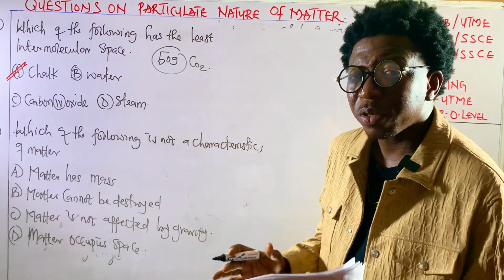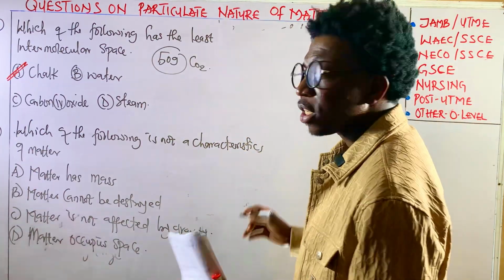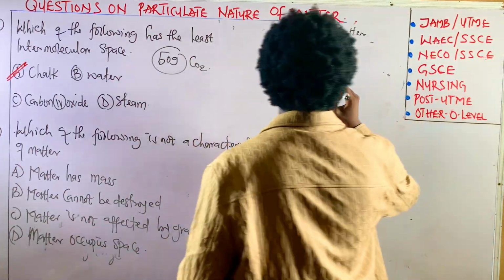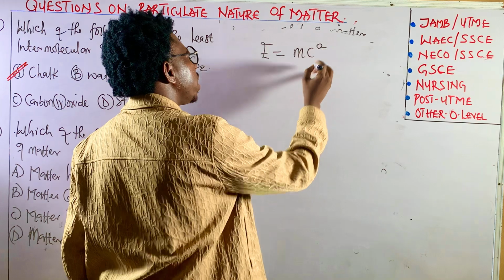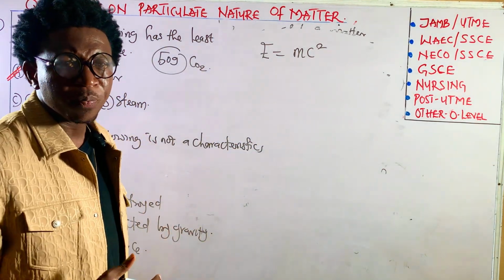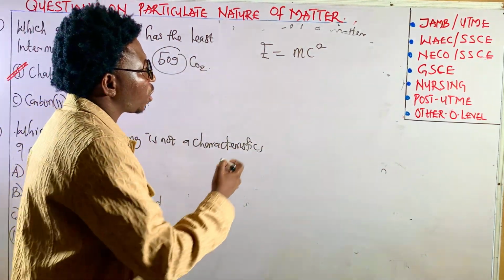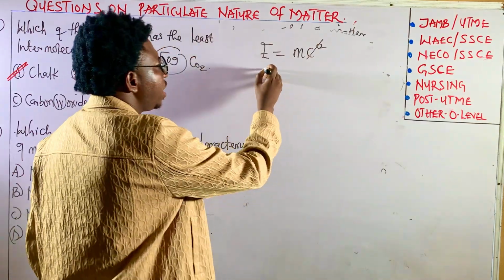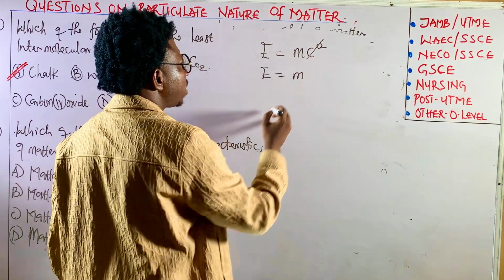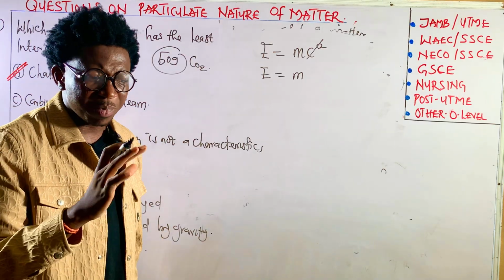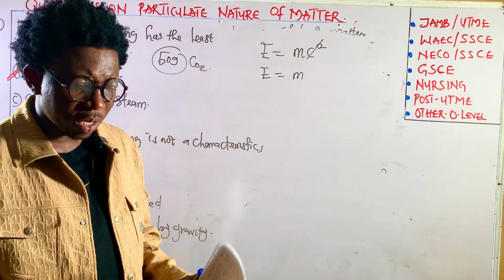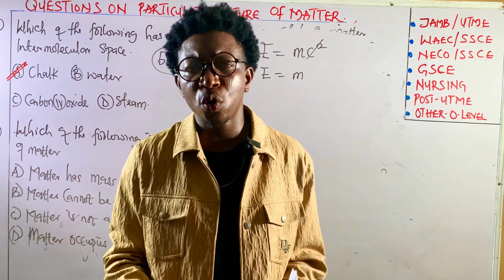But however, you should know, according to Einstein's equation, there's a relationship between energy and what? Mass. Energy is equal to mc squared. The c here stands for the velocity of light. It's a constant. So if I remove this, E is equal to m. What it means is that energy is equal to mass. That means I can actually convert mass to energy or energy to mass.